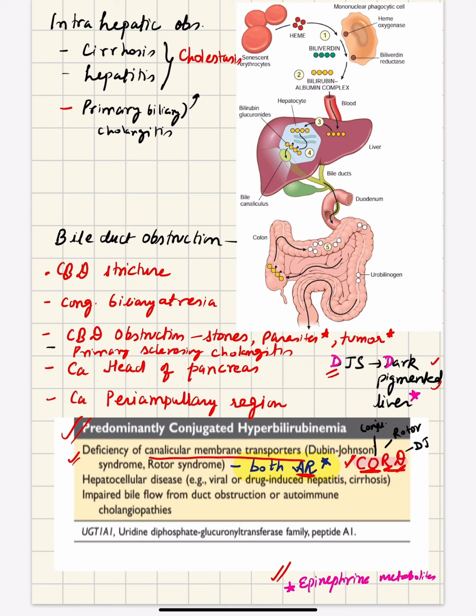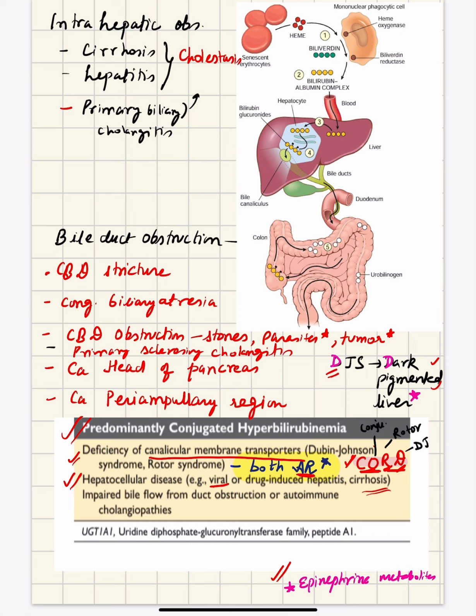Now another condition is certain hepatocellular diseases. So the viral hepatitis or cirrhosis, again the liver is affected. So there will be both conjugated bilirubin as well as unconjugated bilirubin because the liver has limited capacity to conjugate the bilirubin.